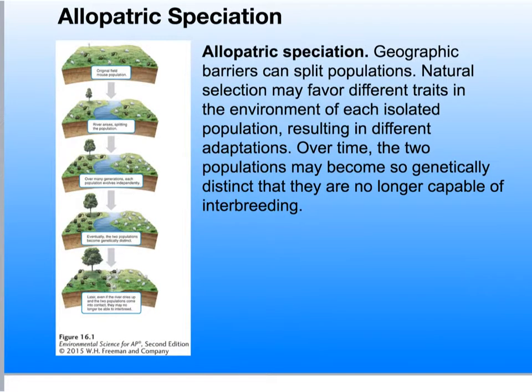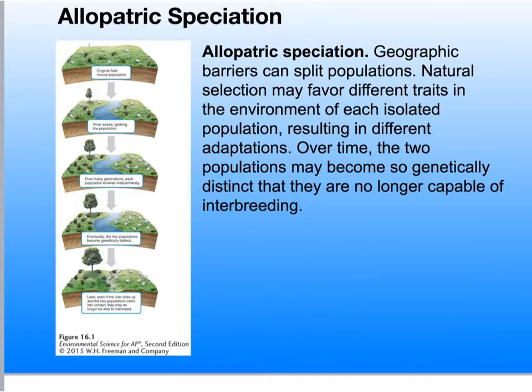So here I have an example of allopatric speciation in mice. There's an original field population of mice, and then a river comes through and basically divides the one set into two different populations. And so they don't swim.